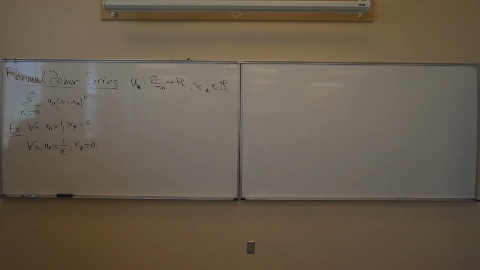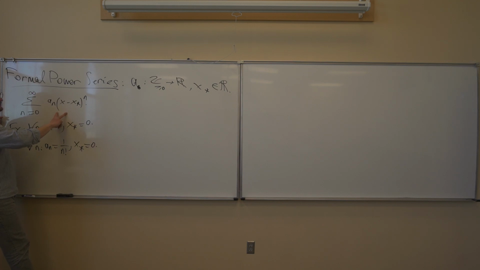Now, there are two ways of doing this. Ultimately, you would like to think of something like this, a formal power series of a sub n, where a bullet is a sequence of real numbers, times x minus x star to the power n.